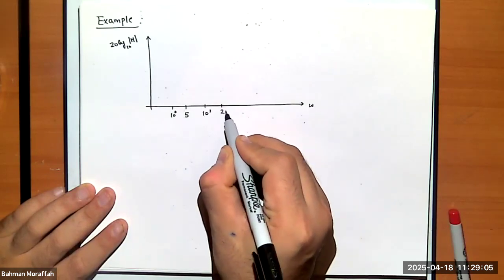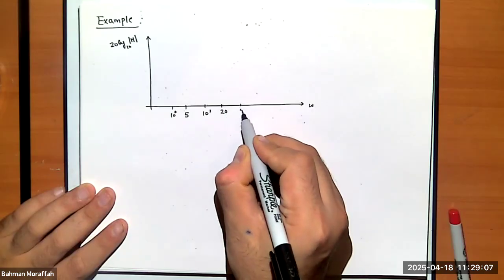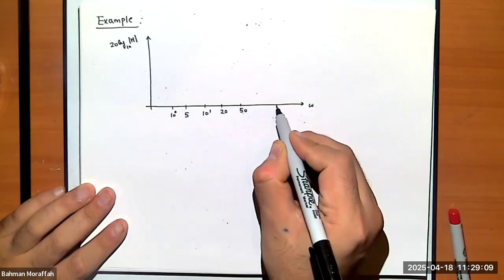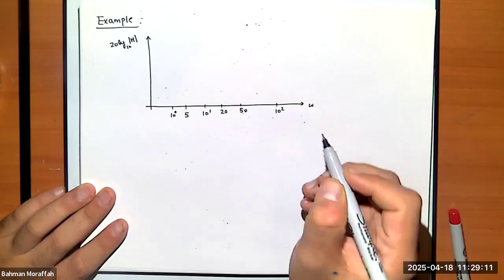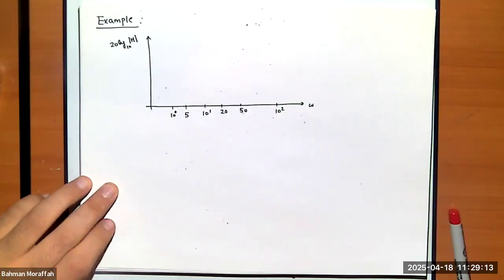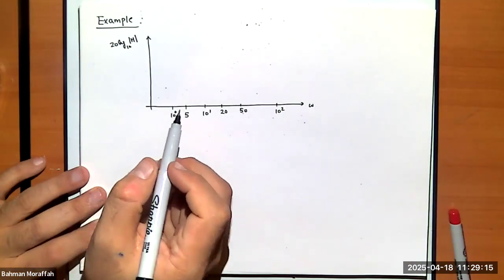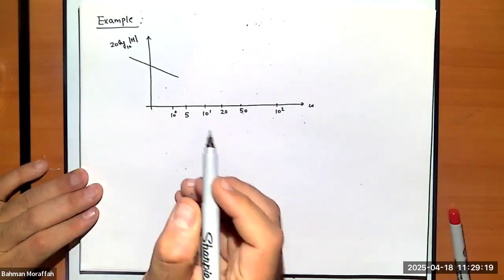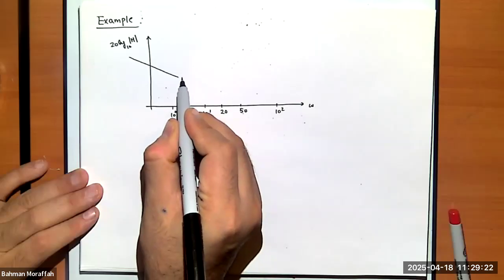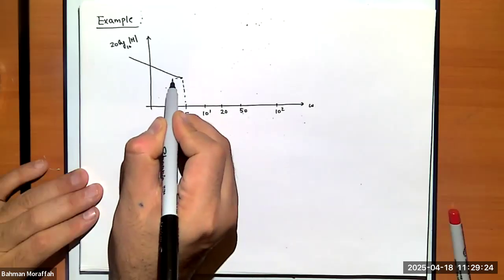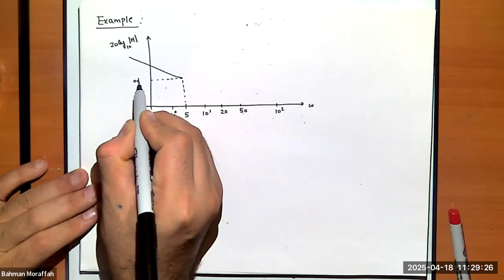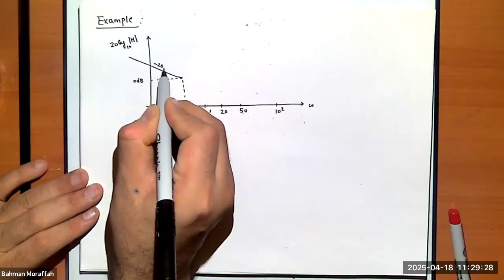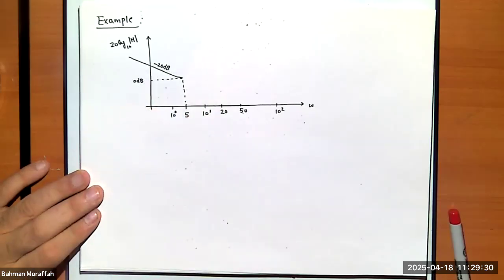This is 20. This is 50. And this is 10 to the 2. Let's just say I'm going down by 20 till I hit this 5. I know the corresponding value here is dB. The slope here is negative 20 dB.